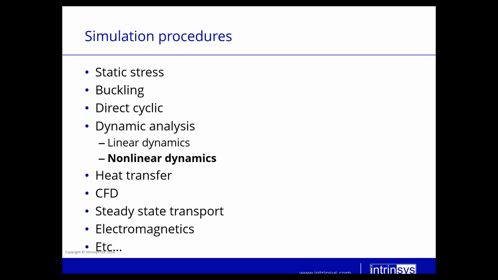It is important to run the cyclic analysis to see the effect of these yields. Are they going to stabilize, or are you potentially introducing a fatigue issue into your part? Then dynamic analysis will be the topic of today's webinar, so we'll go into this in more detail.